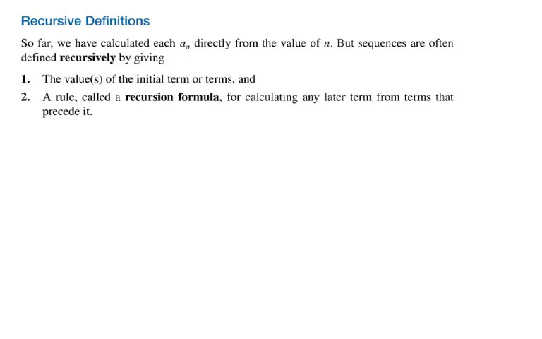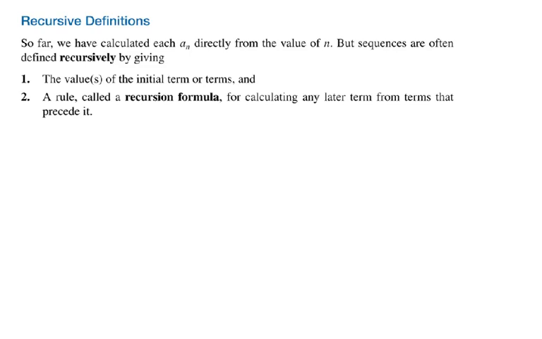So sometimes we're going to be using the value of an initial term or initial terms, and then we create a rule called a recursion formula, and this allows us to calculate any later term value from a term that precedes it. A term that came first is used to determine the term that follows it.